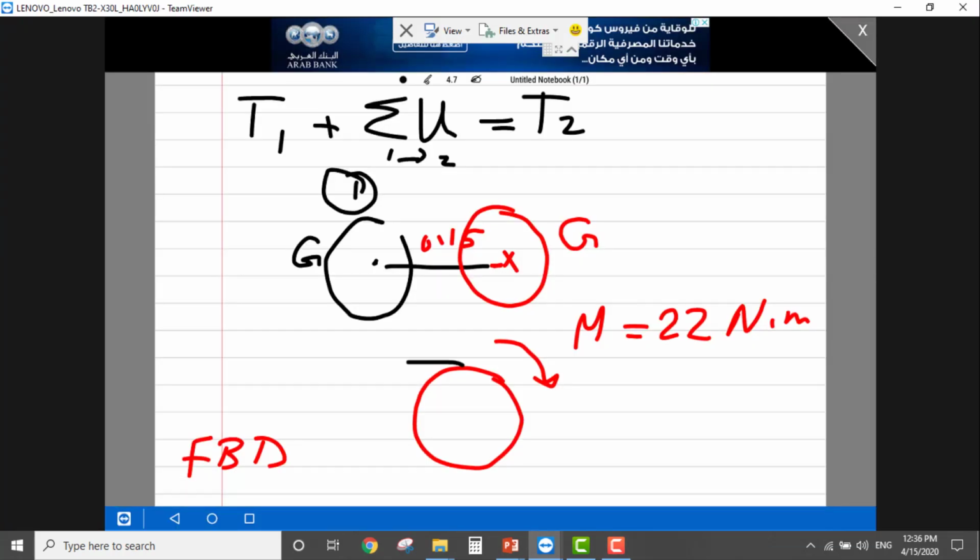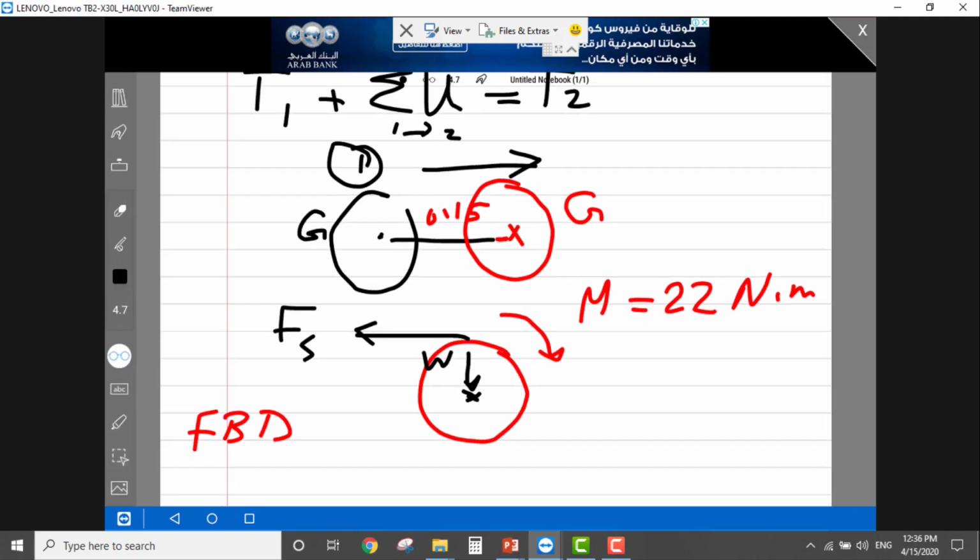Okay, so here we have spring force, which is opposite to the direction of motion. What is the direction of motion? In this direction. Okay, what else? We have weight on the centroid. So this is W. What else?